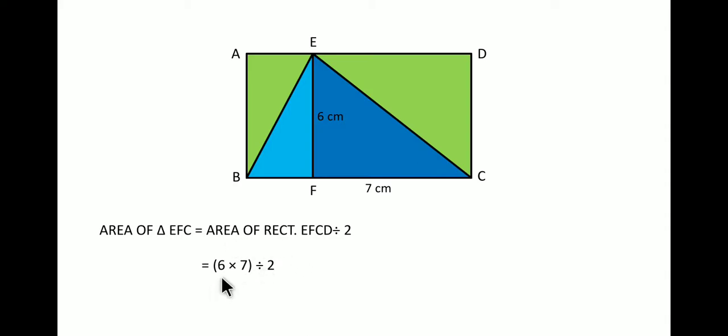When you multiply 6 into 7, you get 42, divided by 2, that is equal to 21 centimeter squared. So this one is 21 centimeter squared, and the earlier one was 9 centimeter squared.